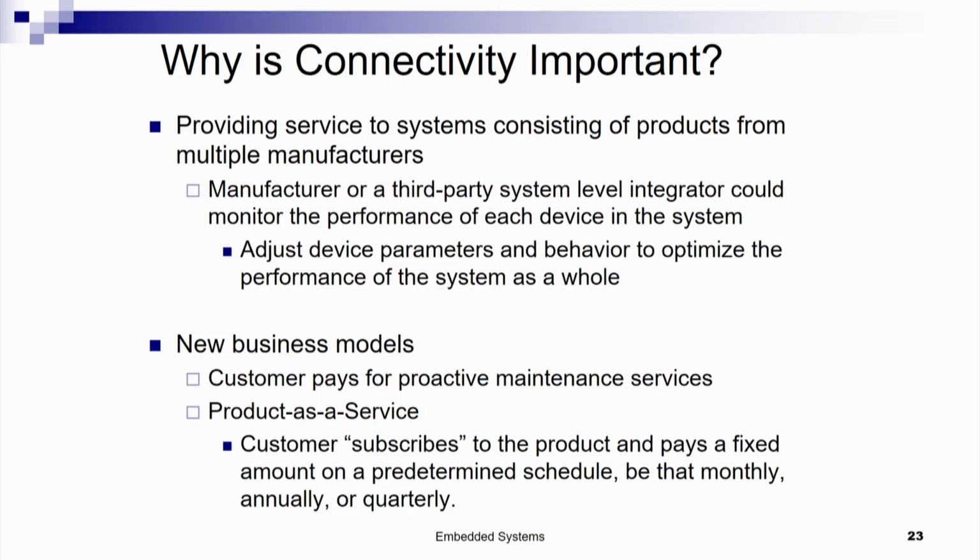Providing service to systems consisting of products from multiple manufacturers. We already saw that a system can be made up of many other smaller systems, and hence a manufacturer or a third party system level integrator could monitor the performance of each device in the system, and it can adjust device parameters and behavior to optimize the performance of the system as a whole.